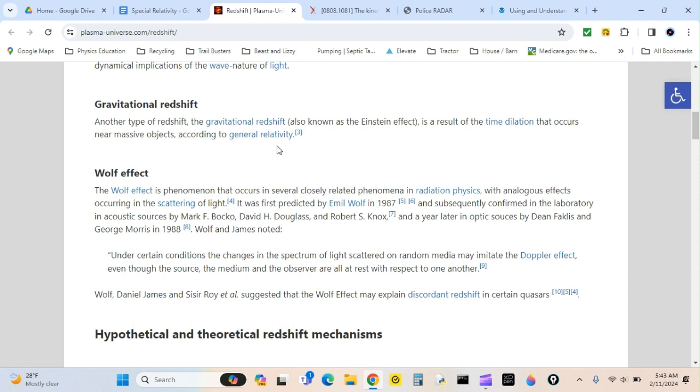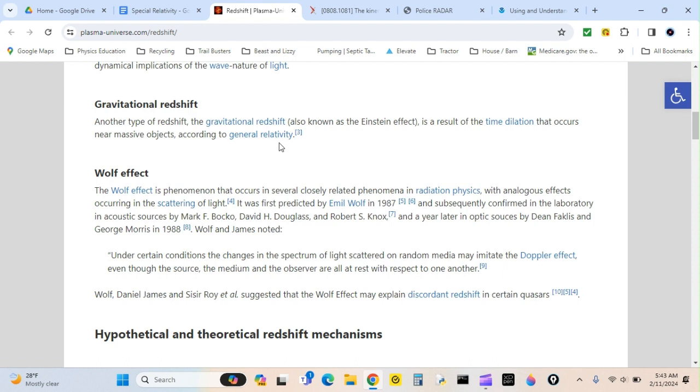And the other one beyond that that is recognized today is cosmological shift, where the idea is that the space between the objects is actually expanding, and not the objects themselves moving, causing the redshift, but the space and time actually expands.